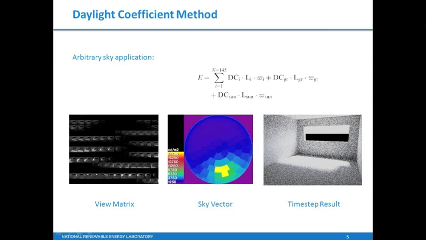But with the daylight coefficient method, we can look at the daylight performance for a particular building, or a particular building component such as a window, for every hour of the day, using site-specific climate data to get a much clearer picture of what's going on in terms of the daylight performance.